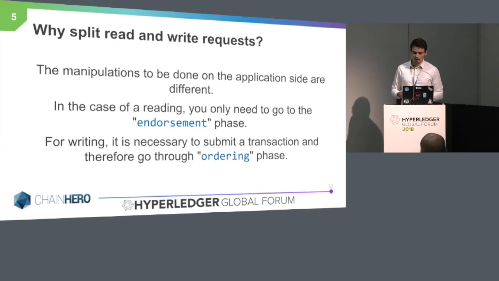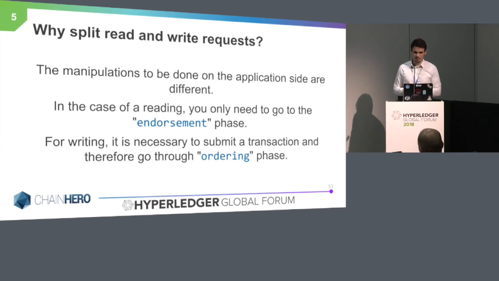To do so, you need to communicate with the ordering service in order to tell everybody in the network that new information is written. So when it's only for read, you don't need to do all this stuff. You only need to communicate with some peers and get the information. So we make this separation between query and update for this kind of task for the application.